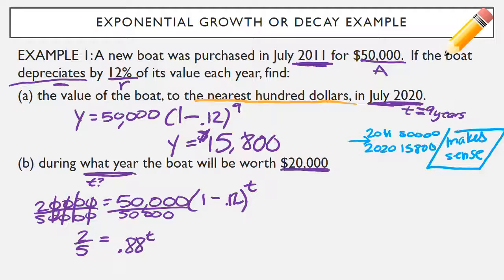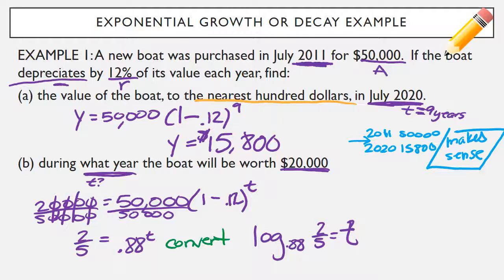0.88 to the t. I have an exponential that I don't know how to solve. Exponentials convert to what? To logs. Exponentials convert to logs. I hope you said that out loud. So log, the base becomes the base, the exponent becomes the answer, and what's remaining becomes your main value.